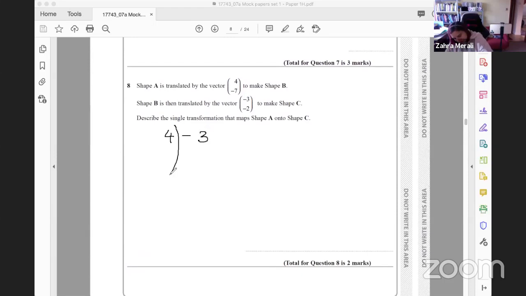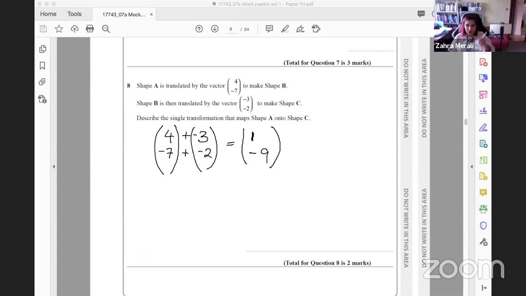What you could do is write it like this, where you're adding the vectors up, because that's what you're doing if you do one after the other. If you want to understand it, you're going 7 down and then 7 more down. So altogether, here we'll end up with 1 and here we'll end up with -9.